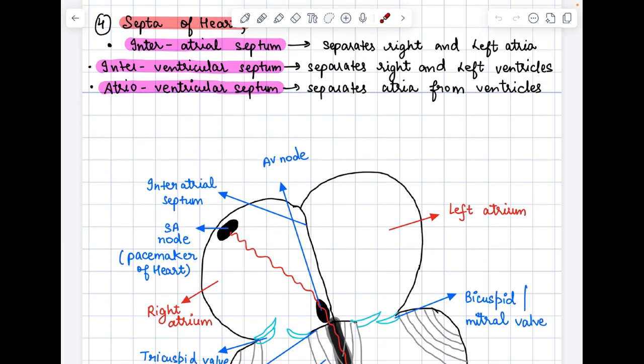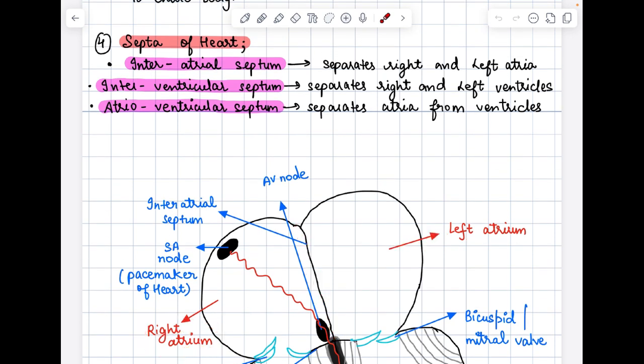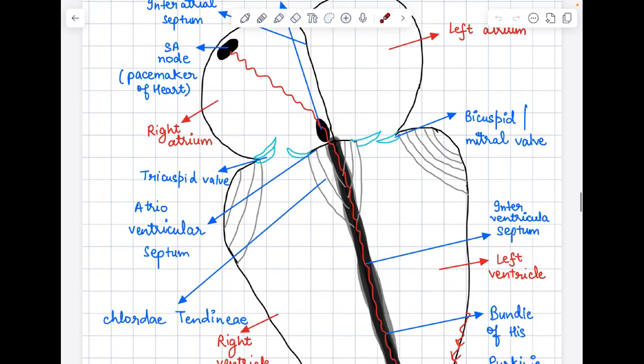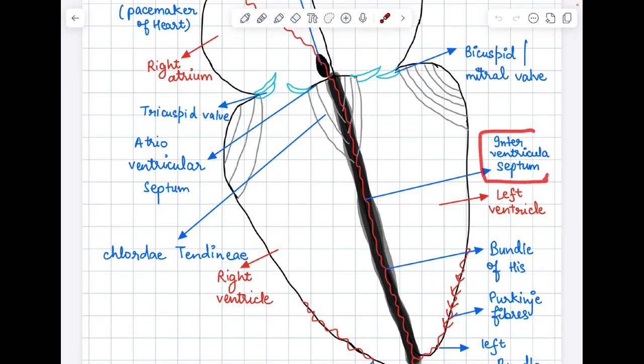As you have studied now only that interatrial septum separates left atrium and right atrium. This is the portion where these 2 atria are separated. Next, interventricular septum that separates the right and the left ventricles. This is the interventricular septum that separates the left ventricle and right ventricle.